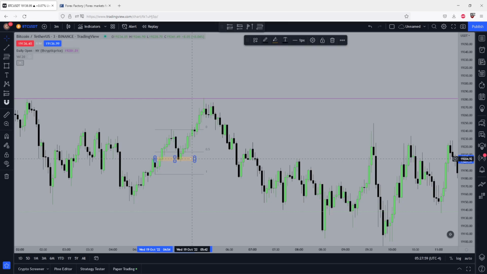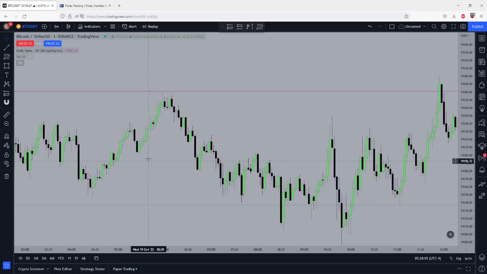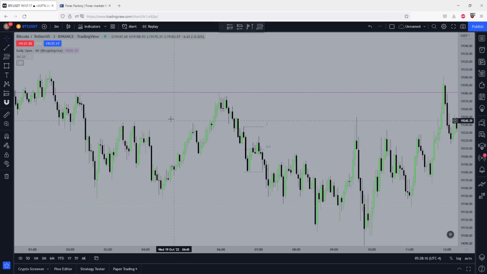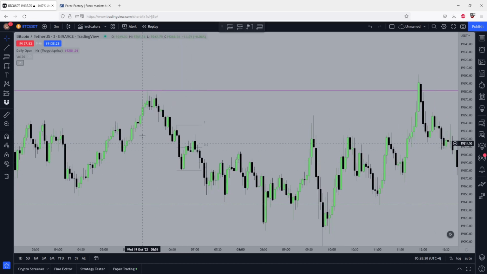So that's also a very clean setup on the 3-minute, and we stay on the 3-minute, and right over here you can see where the next setup forms, and it's also a very clean setup. After taking out this hierarchy, you can see price starts to reverse and starts a downtrend, and the downtrend accelerates right here.